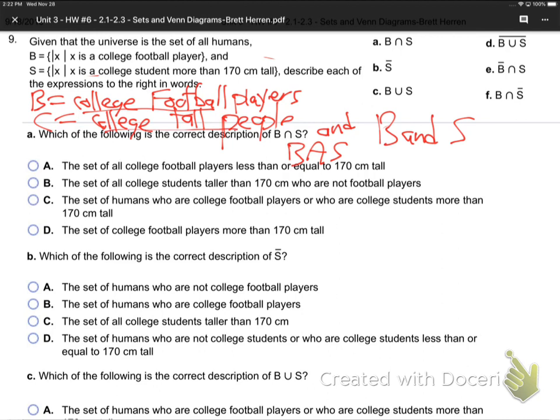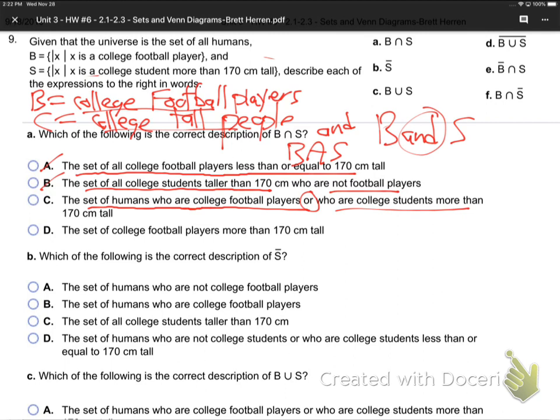Let's go through and see which is right. Is it A, college football players less than 170? No, not less than. Is it B, set of all college taller than 170, not football? No, they are football. Is it C, set of all humans who are college football players or who are tall? No, not or. It's and, and that matters.